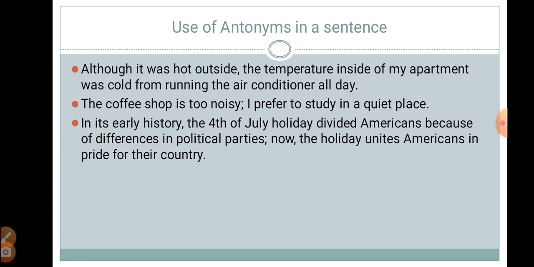You see, they were divided on the date, which is 4th of July, but on this very particular holiday, they are what? United. So we are using opposites in two sentences joined together, one is the direct opposite to the other. Are we clear? It is very important.